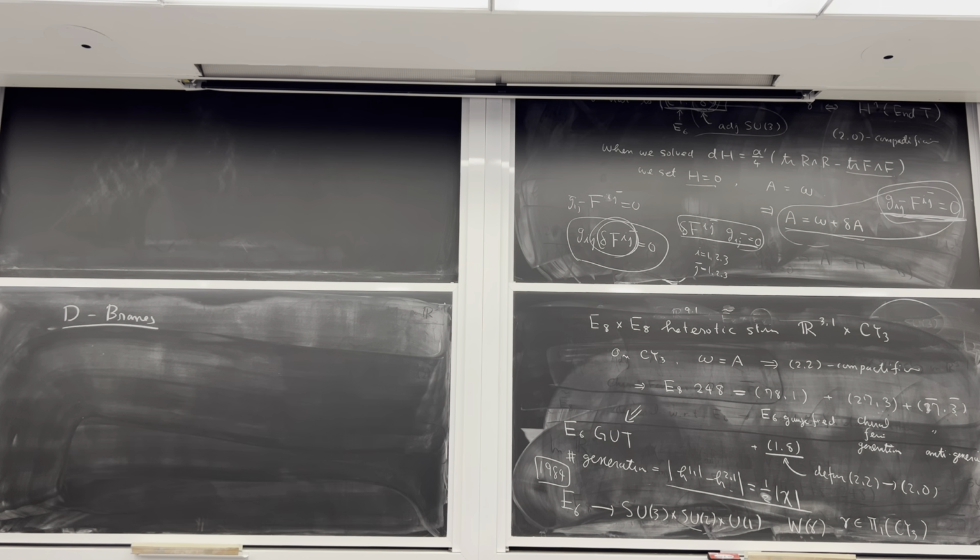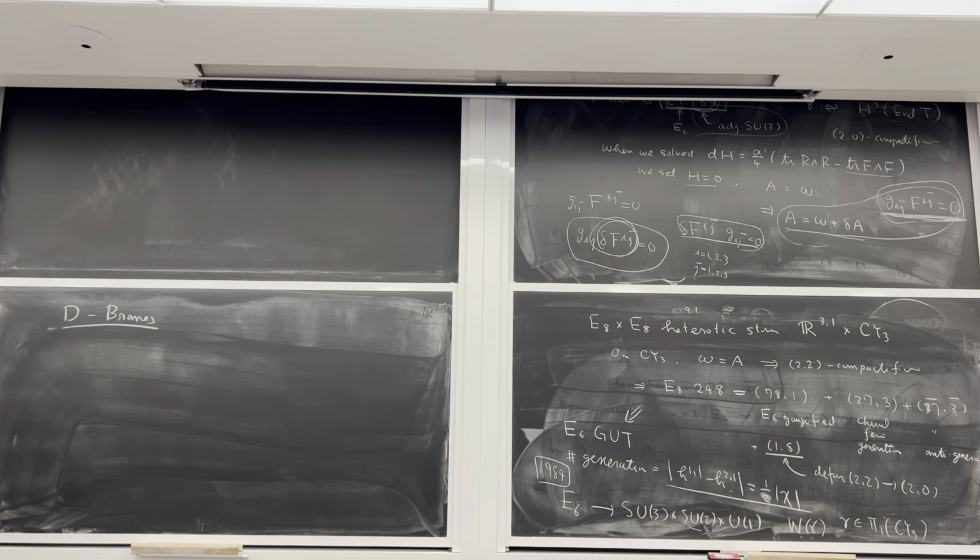So I think the fundamental motivation for D-branes is that string theory has lots of antisymmetric gauge fields, and it's natural to consider objects which are charged with respect to these gauge fields.